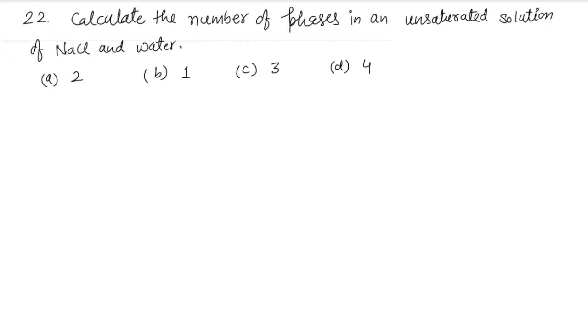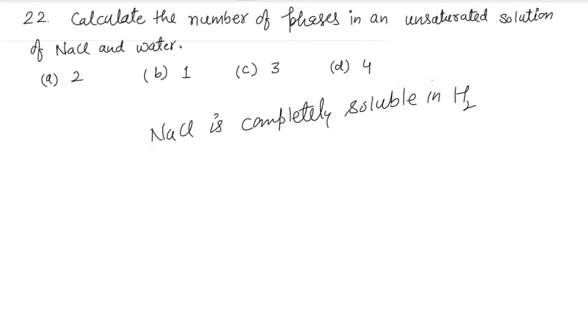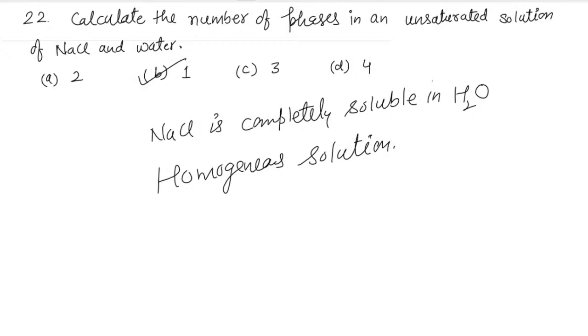So obviously unsaturated solution means NaCl is completely soluble in water, means it is a homogeneous solution. So the number of phases is only 1, okay.